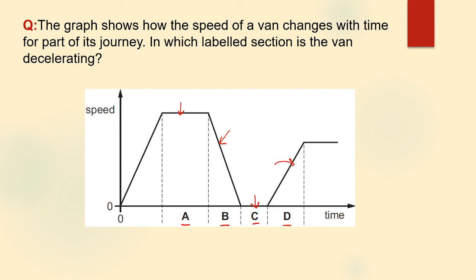And that section shows the object is moving with positive constant acceleration. The question is, in which labeled section is the van decelerating? So the answer is B over here, because here the object is decelerating constantly.